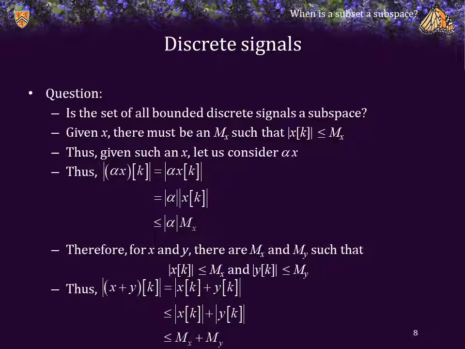And the first is less than or equal to m sub x, the second is less than or equal to m sub y. Therefore, every entry in the sum of these two bounded discrete signals is also bounded. Specifically, it is bounded by m sub x plus m sub y. Therefore, the set of all bounded discrete signals is indeed a subspace.